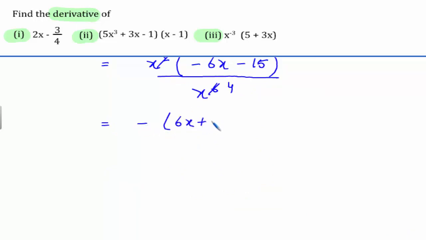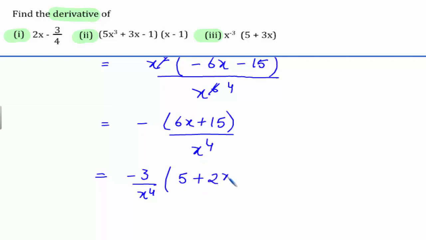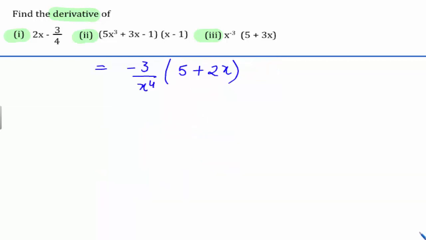So we have minus 3 divided by x raised to the power 4 into (5 + 2x). Therefore, the derivative of the given function, which we have defined as g(x), is equal to 3 upon x raised to the power 4 with a negative sign, (5 + 2x).